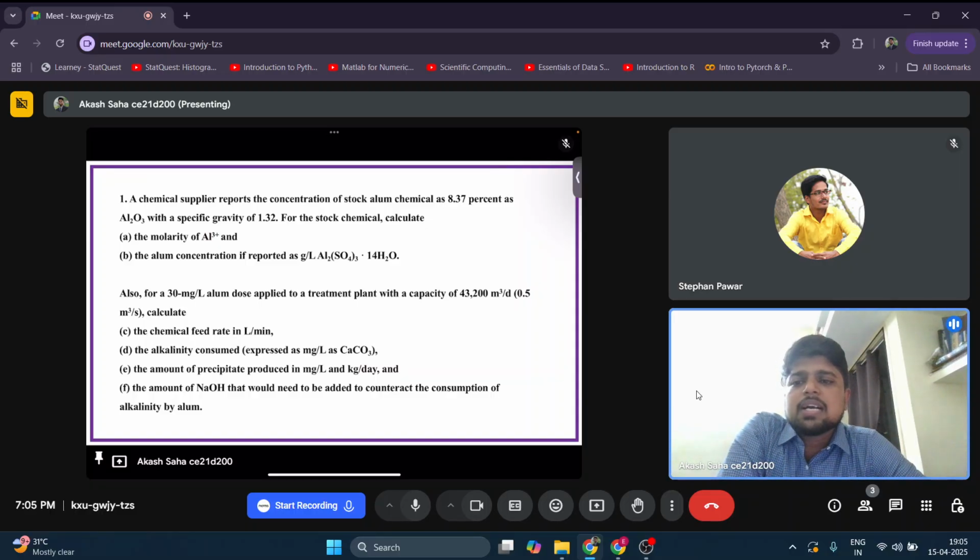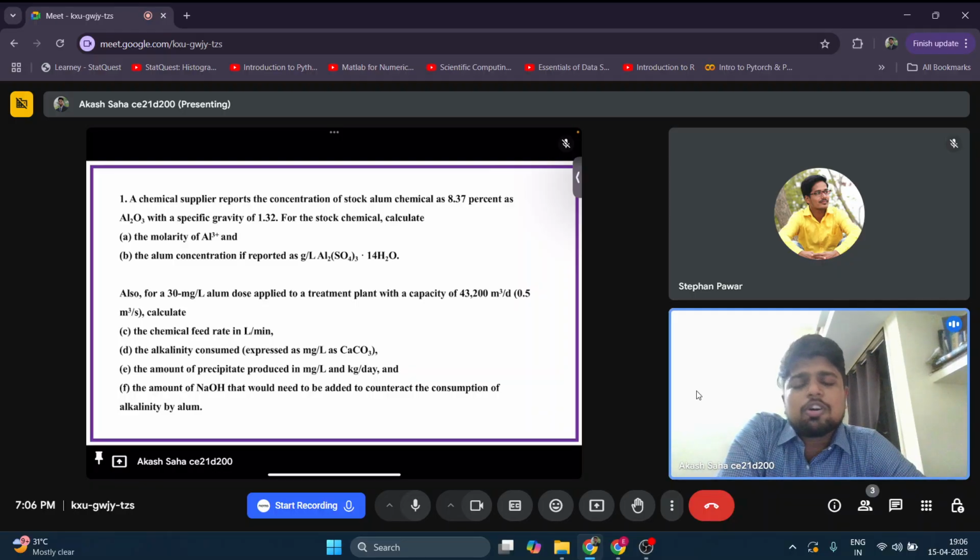Also, for a 30 milligram per liter alum dose applied to a treatment plant with a capacity of 43,200 meter cube per day, or 0.5 meter cube per second, calculate the chemical feed rate in liters per minute, then the alkalinity consumed in milligram per liter as CaCO3.